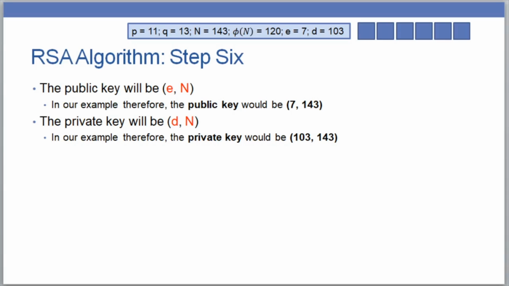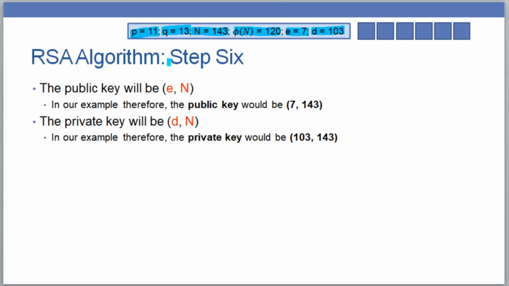So now we have all of the values we need. We know P equals 11, Q equals 13, N equals 143, phi N equals 120, E equals 7, and D equals 103. So finally, in step 6, we need to arrange these values in order to produce these keys.